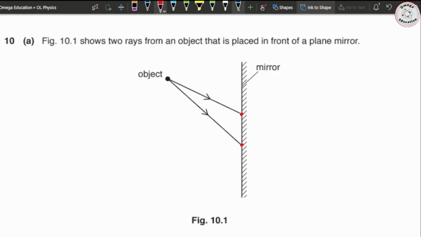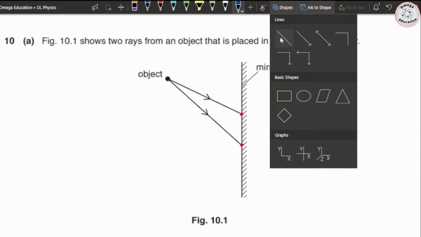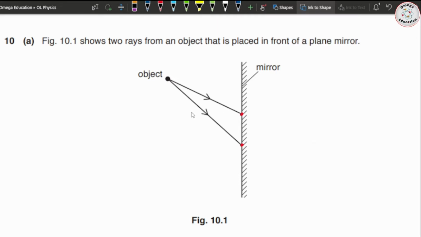Then we draw a normal line to those points of incidence. The first one would be some place over here. Then the second one, we draw as well, and that one would be some place over here.